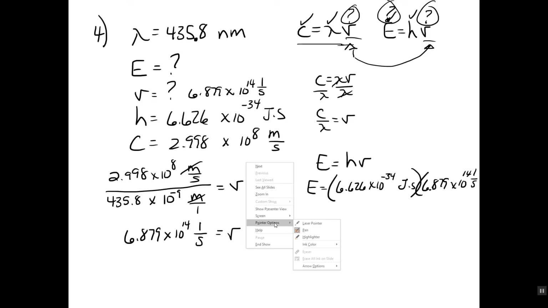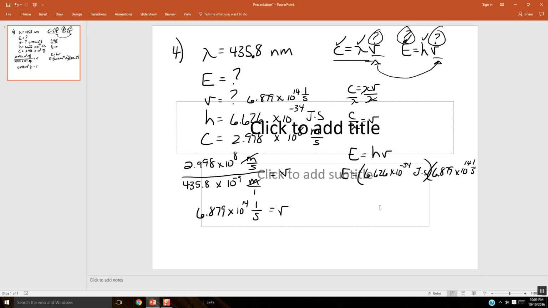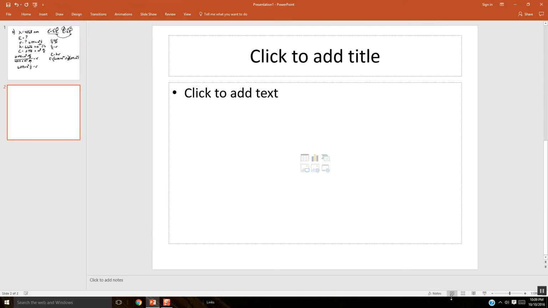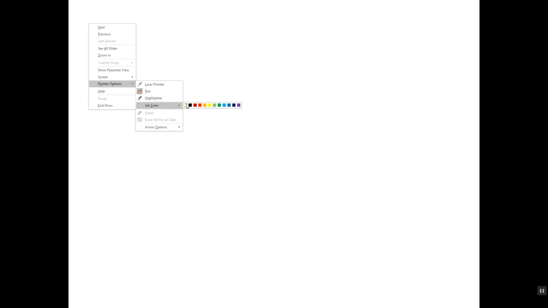So let me go ahead and add a slide in real quick here. Go back out. And let's click File, Home, New Slide. Okay, now we're in business. So let's go back on. Change that color again. Every time I get off, it changes back to red. It likes red. So let's go to number 5.